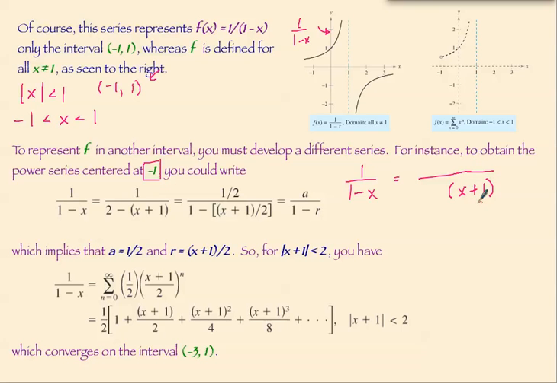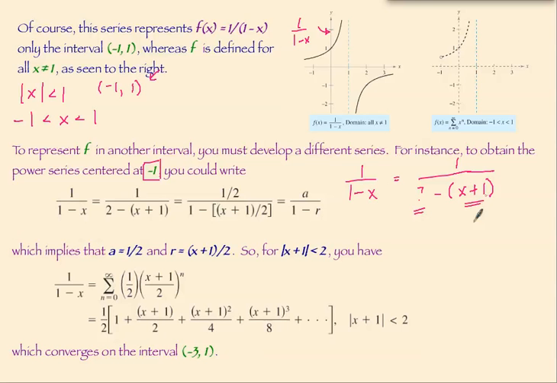Because if x plus 1 is this term, I have a series centered at -1. But if I'm going to do that, and remember I would need something minus this, I wonder what that something would be to make this true.